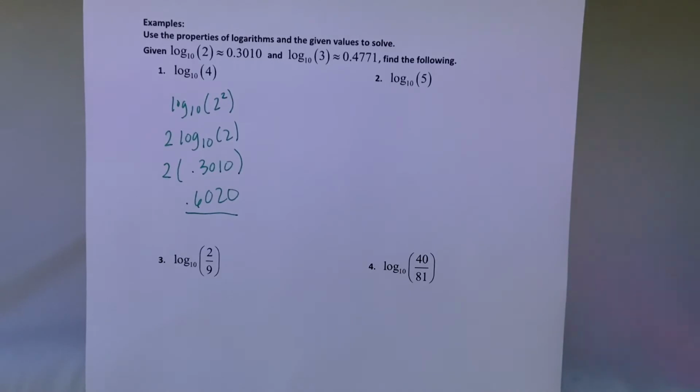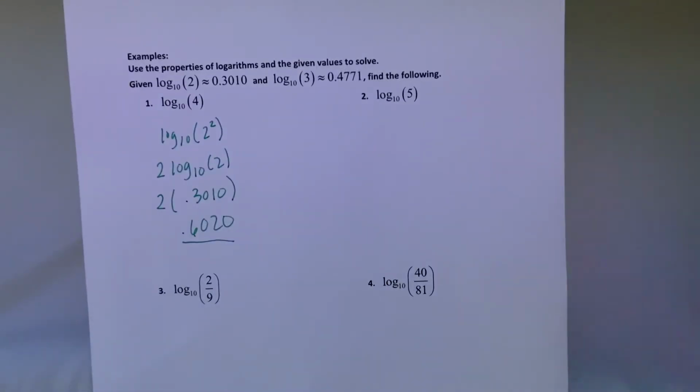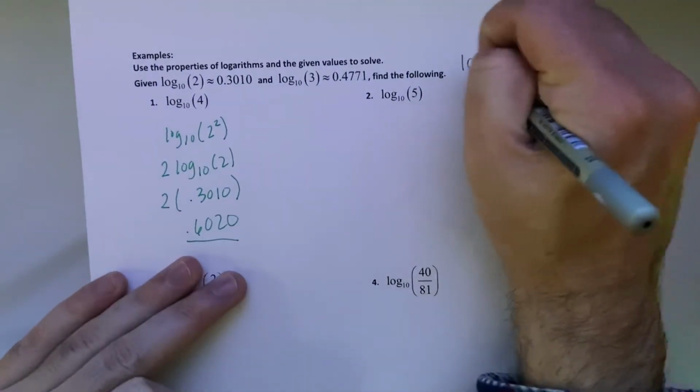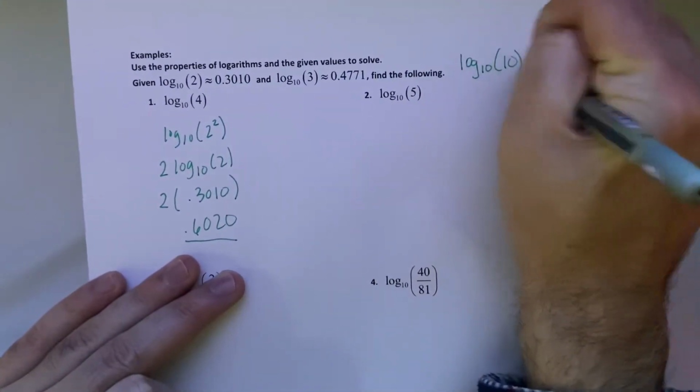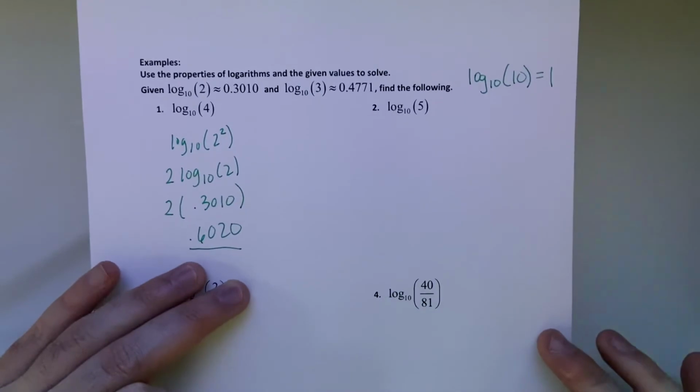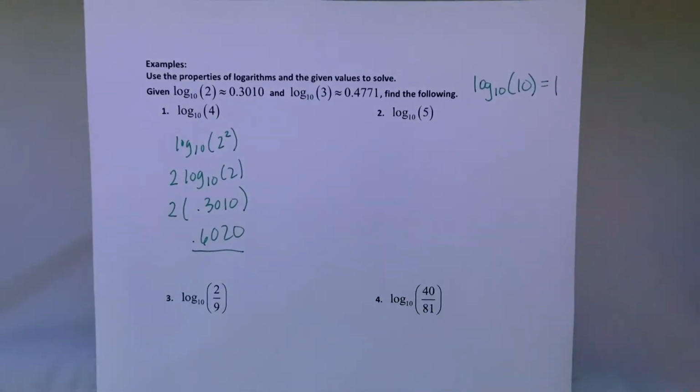Now, log base 10 of 5. In your head, you might be thinking, well, 5 is 2 plus 3. However, the logarithms only break down if you have multiplication on the inside. So you're like, how do I get 5 from this 2 and 3? The one thing that they will never tell you, because they assume that you know, is that log base 10 of 10 equals 1. Remember, if the inside of the logarithm and the base match, it's 1.